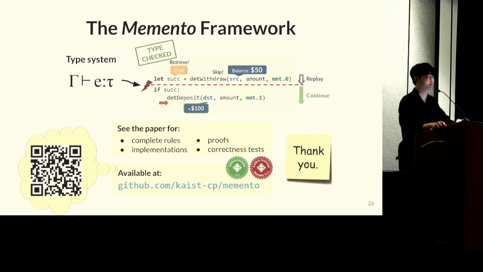Yeah, that is a good question. We think the transaction can be an alternative, but in our evaluation, the transaction is very slow to use compared to our Memento-based composed data structures.